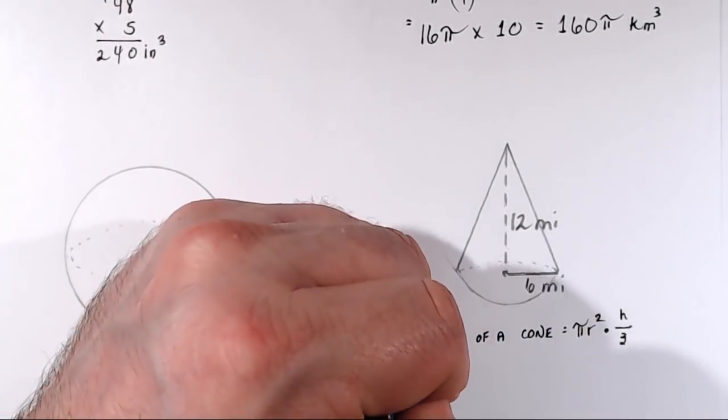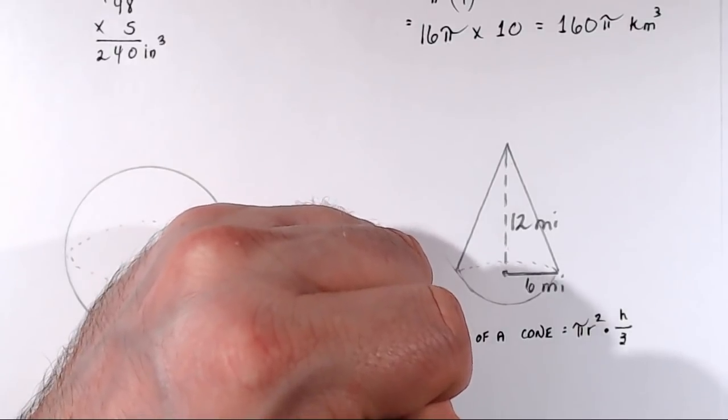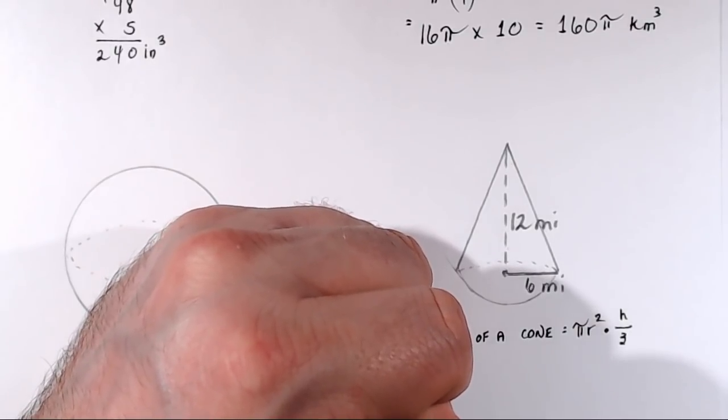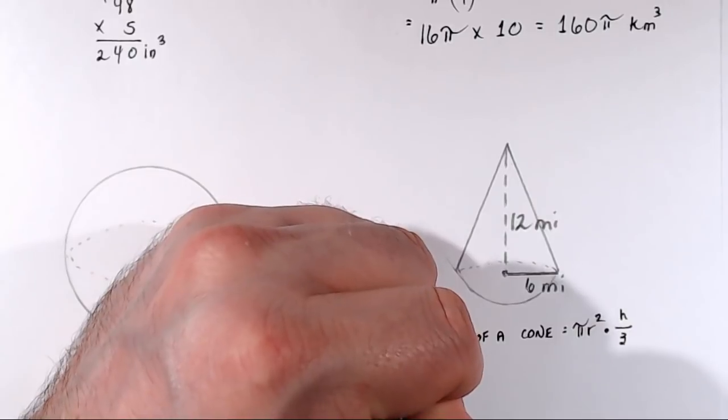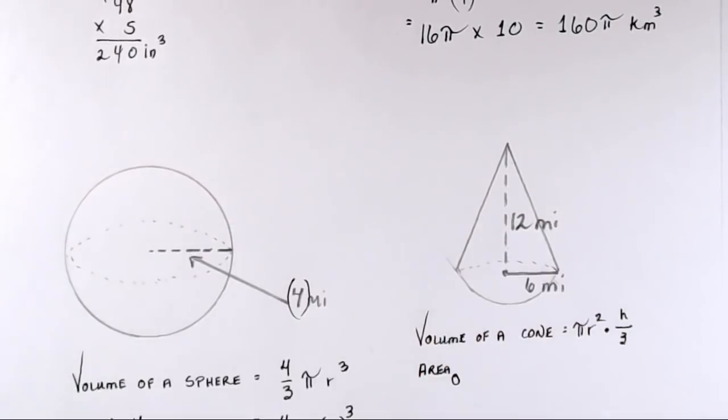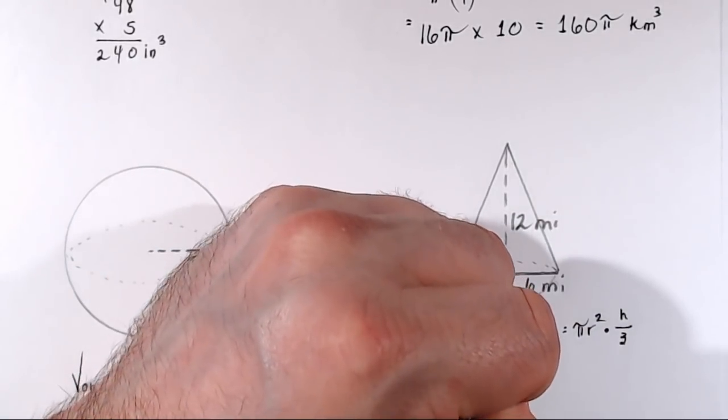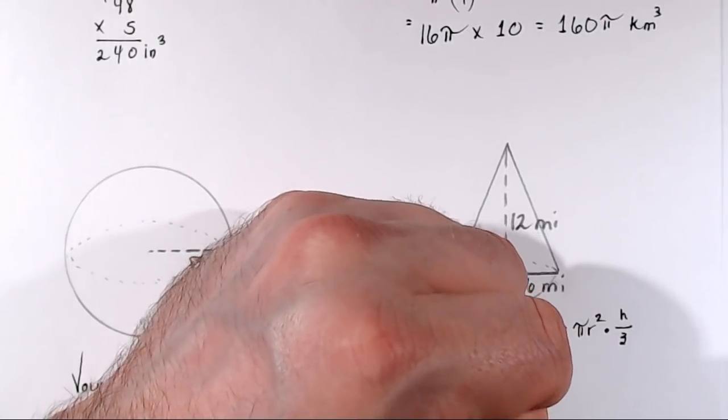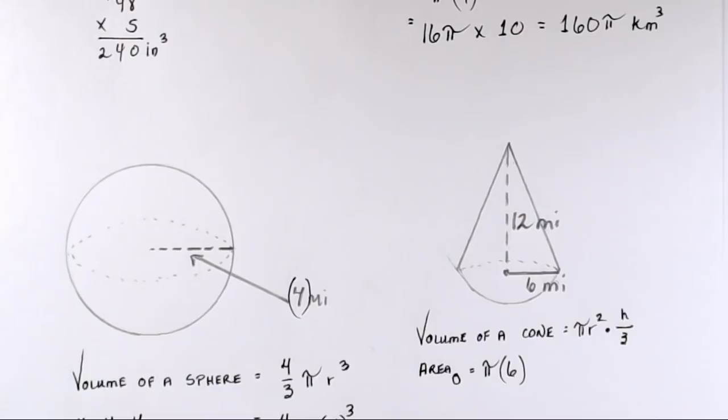Let's find the area of the circle. The area of the circle is equal to pi times 6 squared. Half the diameter is the radius.